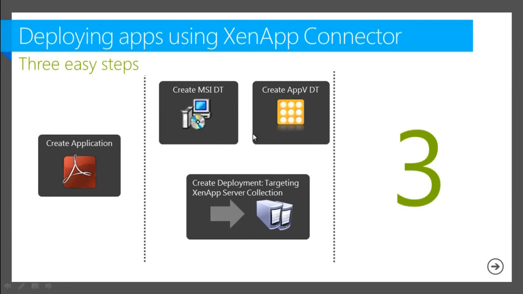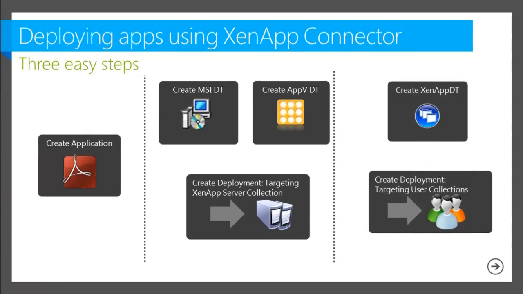The application needs to get installed on your XenApp server. So create an application, define one of these 2 deployment types, and target the app towards your XenApp farm. The third step is to deploy the application to your users using the XenApp deployment type. Okay? So 3 easy steps to administration. We'll look at this in the demo in more detail.